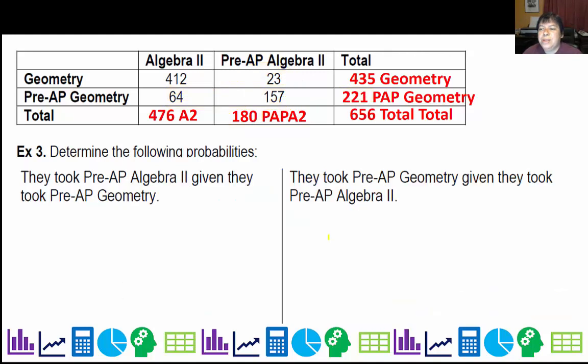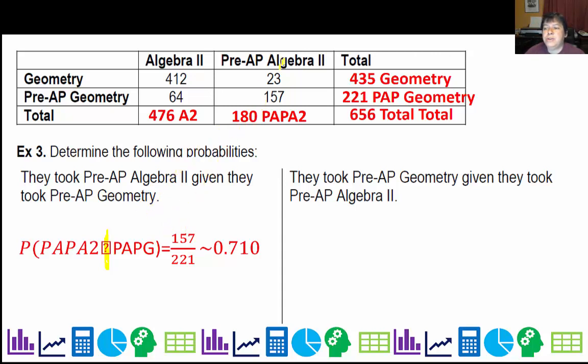All right, so let's go ahead and look at the probability they took pre-AP algebra 2, given they took pre-AP geometry. And my software is messing up my bar. This is a vertical bar. Okay. So first of all, notice I get 157. So who took pre-AP algebra 2, given they took pre-AP geometry?